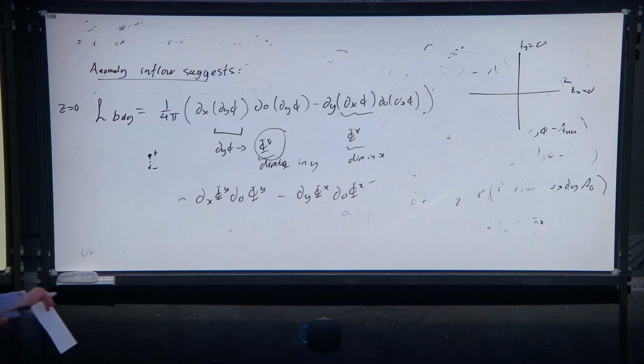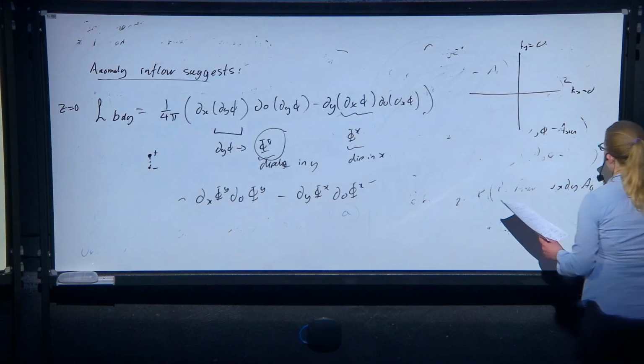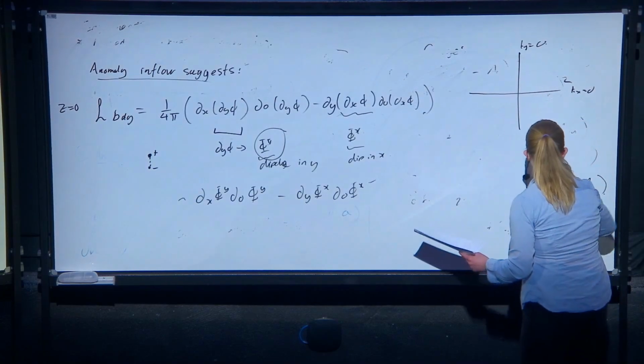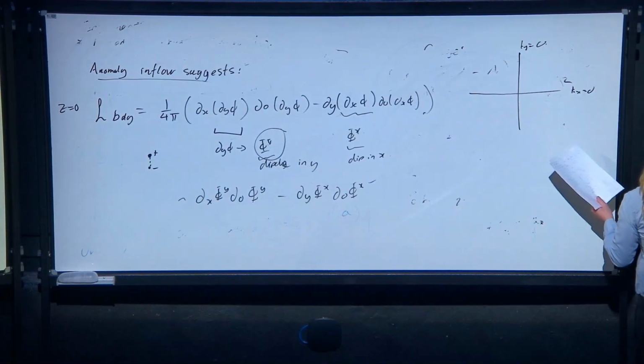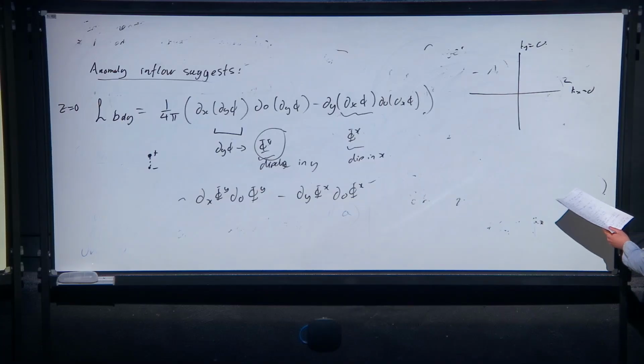Okay, and then let me make one last comment, and I'll point you to a paper if you're interested in this. Basically what we've learned is that yes, we have anomaly inflow type arguments when we write down, for example, these BF-like actions which are relevant, or self-Chern-Simons actions which are relevant for many fracton orders.